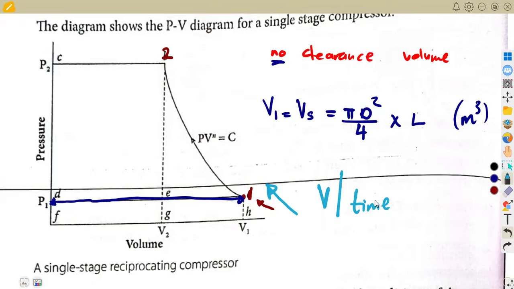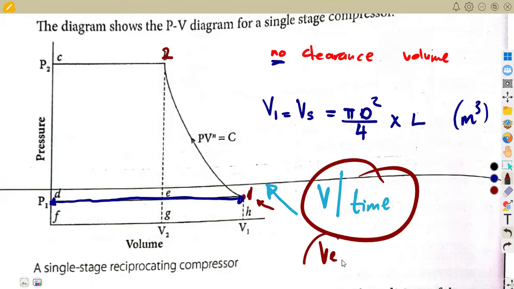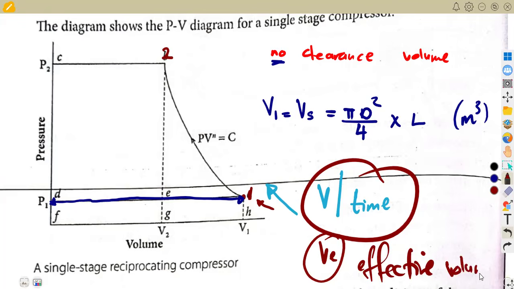That one is a very, very important special type of volume. I have to talk about this so that we understand where we are going. It's not about answering the questions. We need to know where we are going. So that volume is referred to as the effective volume, VE, effective volume.